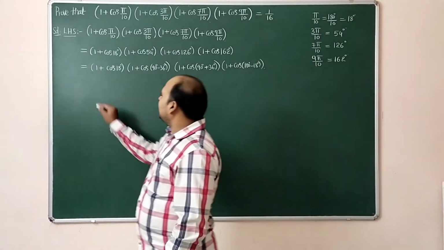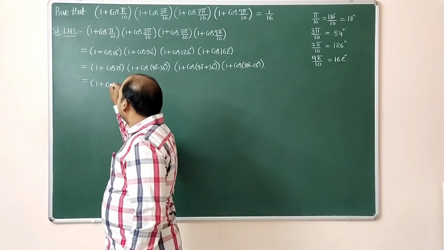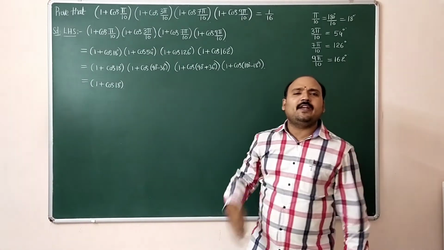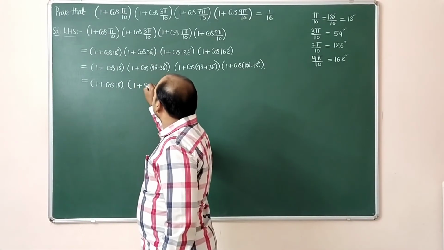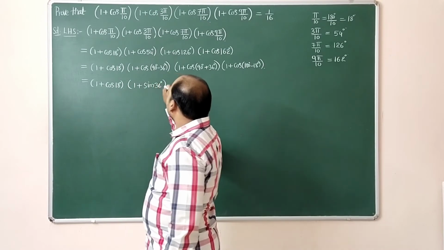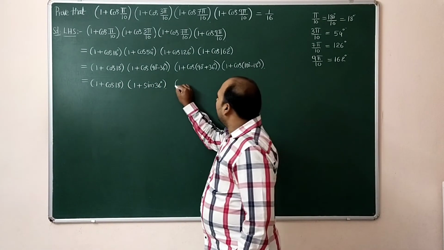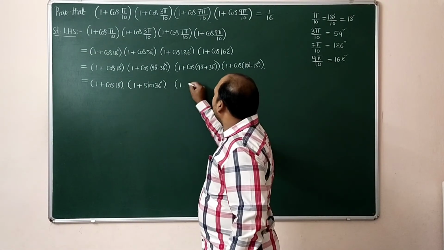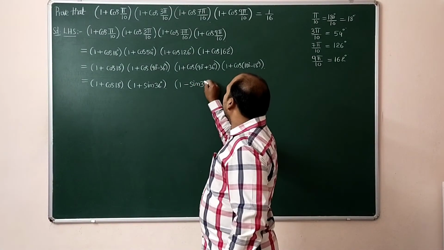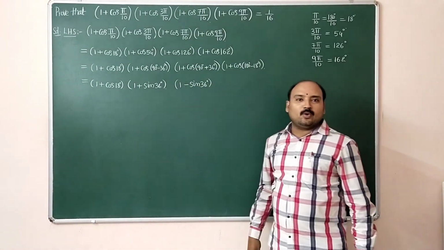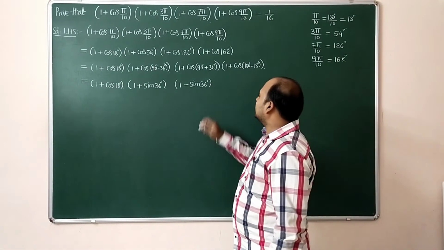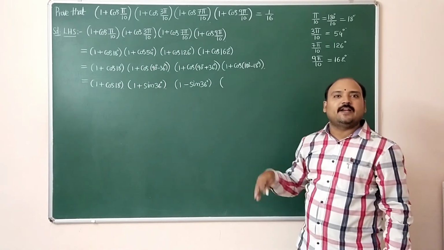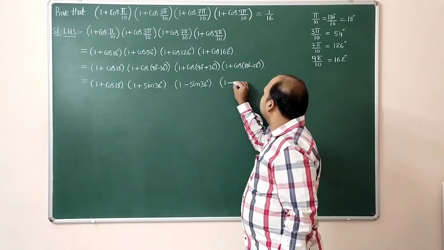Now step by step we will do that. 1 plus cos 18, we cannot disturb the first term, we can leave it like this. Cos of 90 minus theta is sin theta, so 1 plus sin 36. 1 plus cos of 90 plus theta, second quadrant, minus will come, so 1 minus sin 36. Cos of an odd multiple of pi by 2 gives sin. Cos of 180 minus theta, or cos of 180 plus theta, will be minus cos. So 1 minus cos 18.